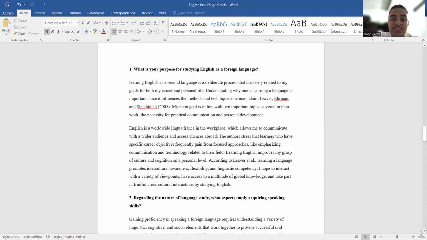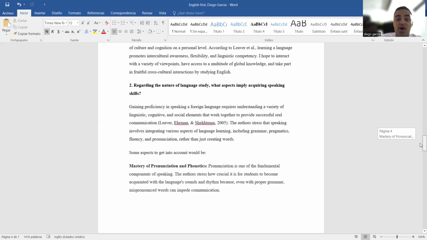Understanding why one is learning a language is important because it influences the methods and techniques one uses. According to Klein-Lever, Ehrman, and Sharkman, 2005, my main goal is to align with two important topics covered in their work, the necessity for practical communication and personal development.